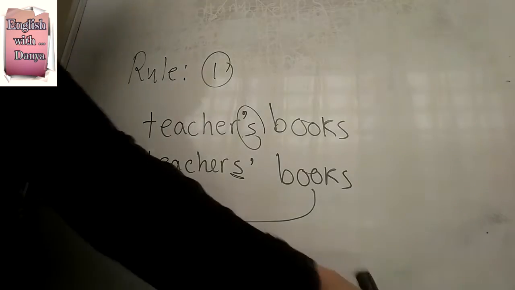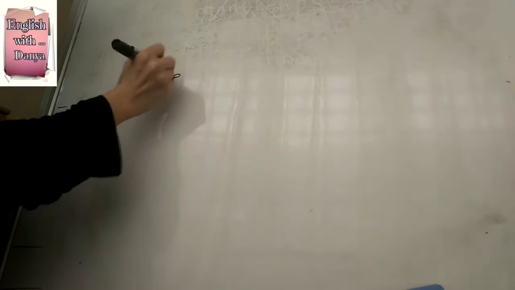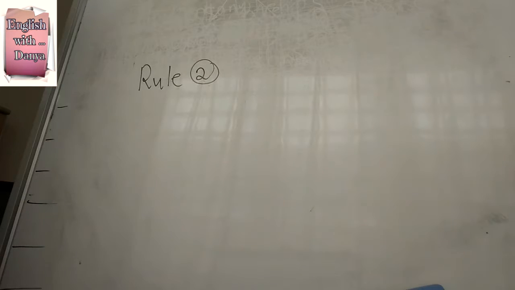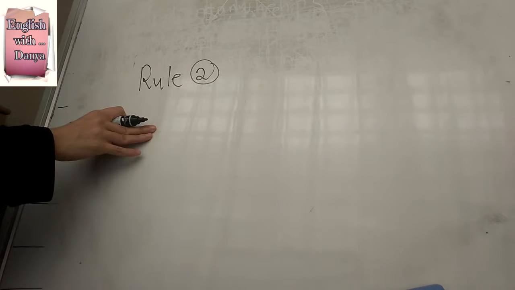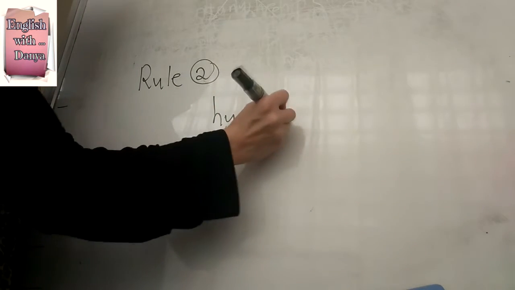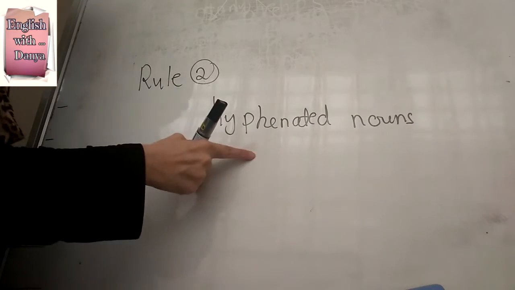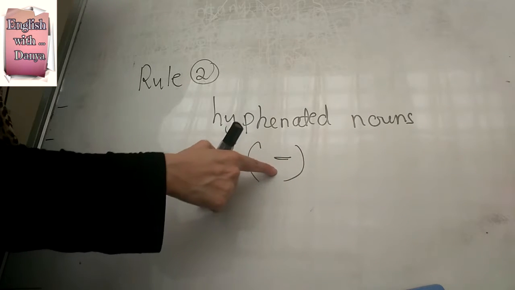Now let's look at rule number two. Rule number two is kind of similar. This is connected with hyphenated nouns. What do we mean by hyphenated nouns? Hyphenated nouns are nouns that are separated by a dash.